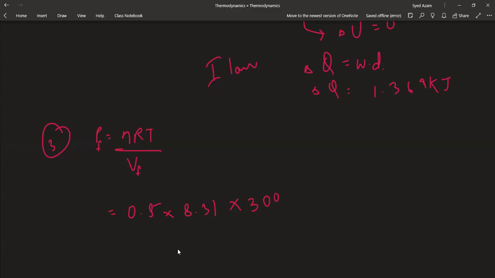Final volume is 6, right? But it is not in the SI unit, no? 6 into 10 to the power minus 3. So this final value will be 207.75 kilopascals. So again, please check the values, both of them.